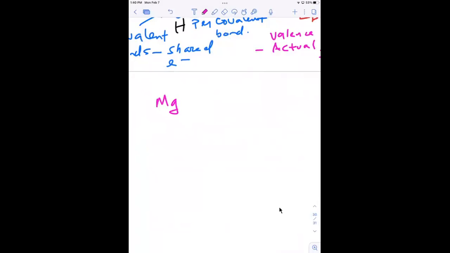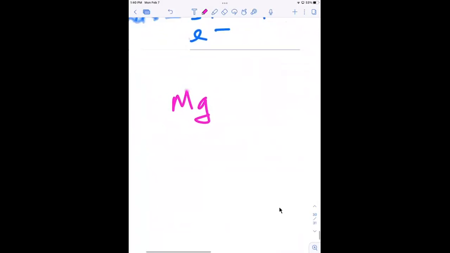The column that magnesium is in. Group 2. It's a group 2 element.